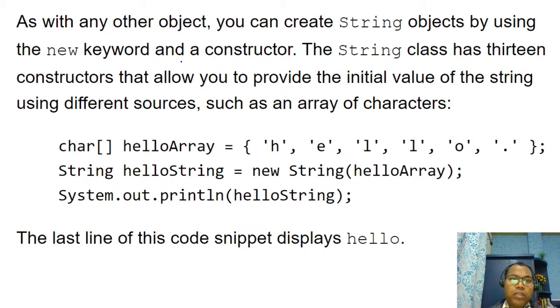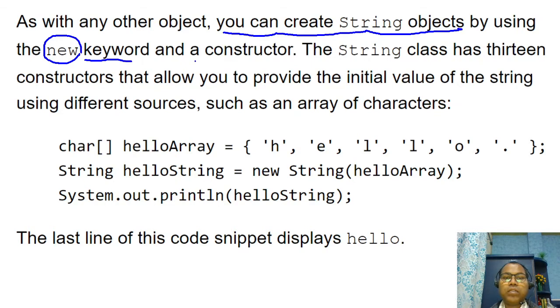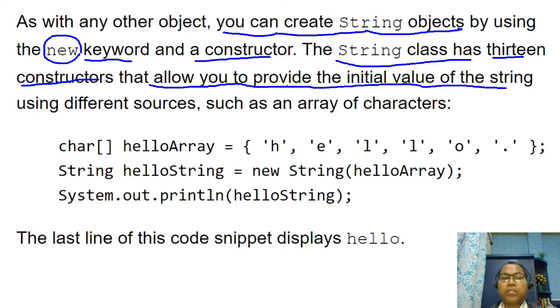You can also create a string object by using the new keyword. As we are aware, whenever you create an object of any class, you can use the new keyword and its constructor. The String class has 13 constructors, and they allow you to provide the initial value of the string.